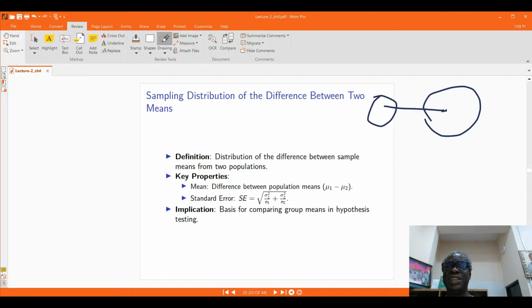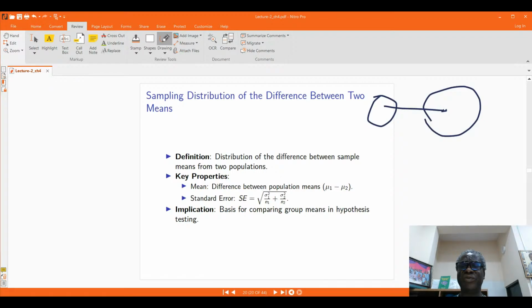If we are looking at the difference between two populations, then we have to take a sample from each of the populations. So there will be a sample from population 1, a sample from population 2. And then on that basis, we can determine the distribution of the difference between the sample means of the two populations.